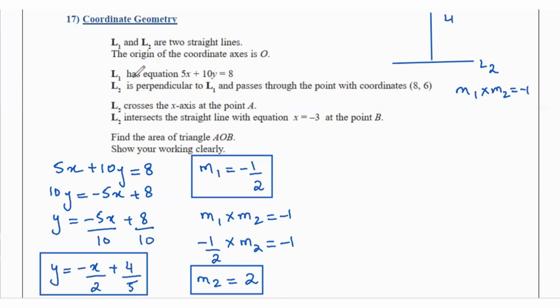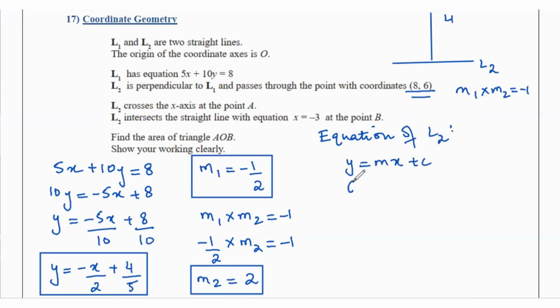For L2, it says it is perpendicular to L1, and using that, we figured out the gradient. L2 passes through the point with the coordinates (8, 6). So using this point and gradient, we can find the equation of L2. y equals mx plus c.